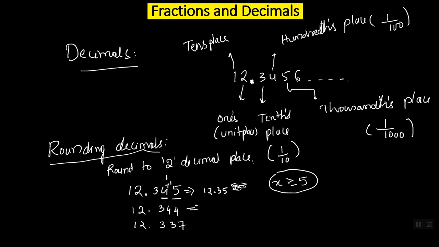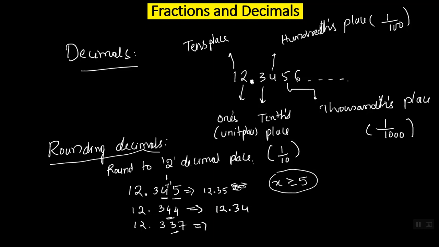Let's see here, again rounding to 2 decimal places. If the next number is smaller than 5, then don't do anything. You can just represent 12.34 itself. Don't add any number to the 4. Let's say again, 12.337 rounded to 2 decimal places or the nearest hundredths.